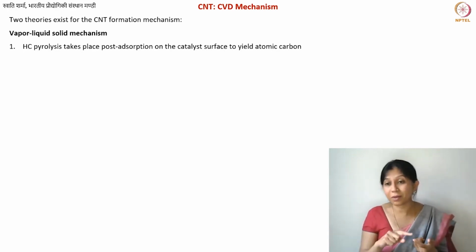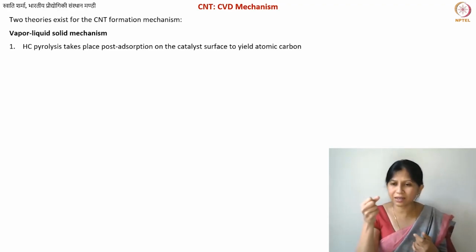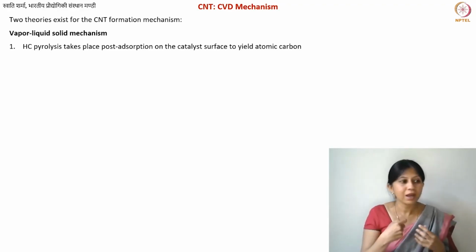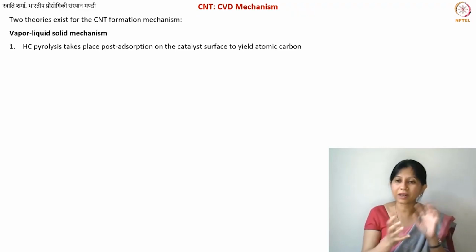But when we think about carbon nanotubes, then because the catalysts are so small, there is lower probability that they can accommodate a lot of larger species on top of them.